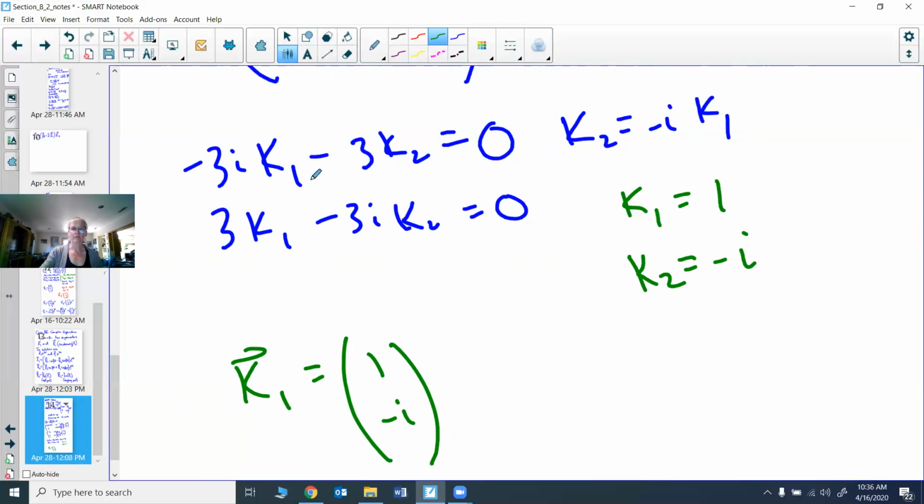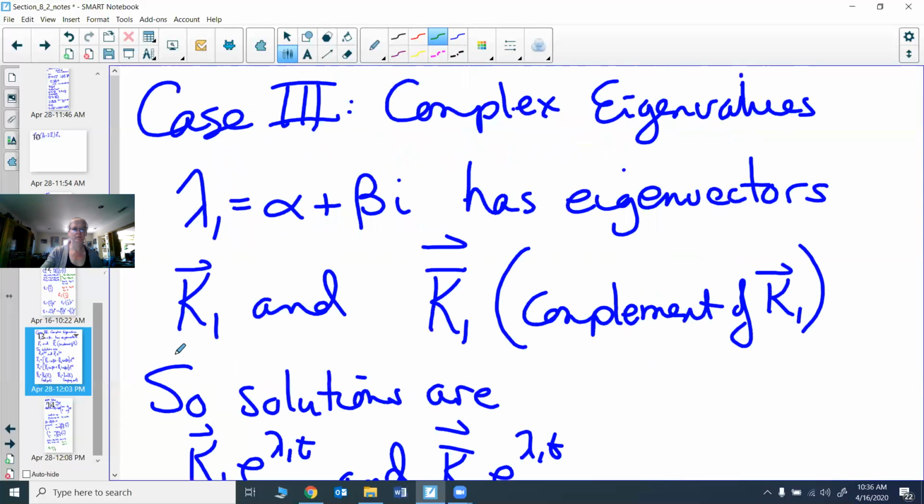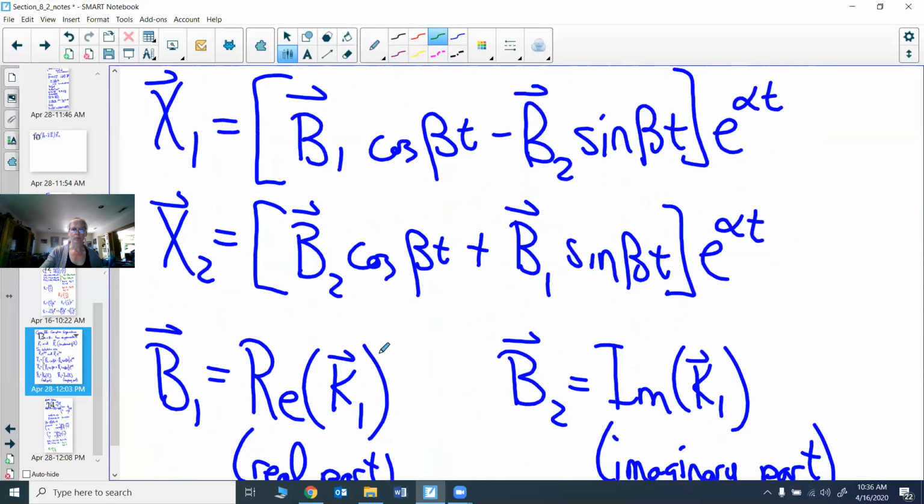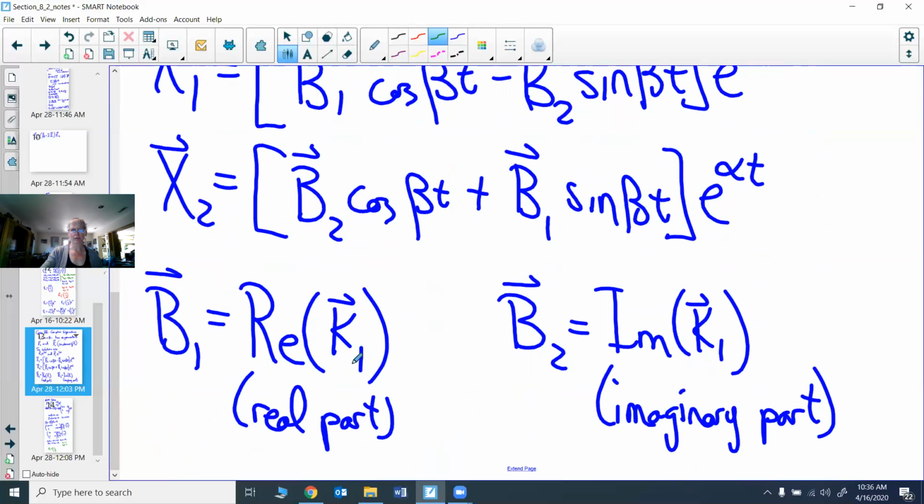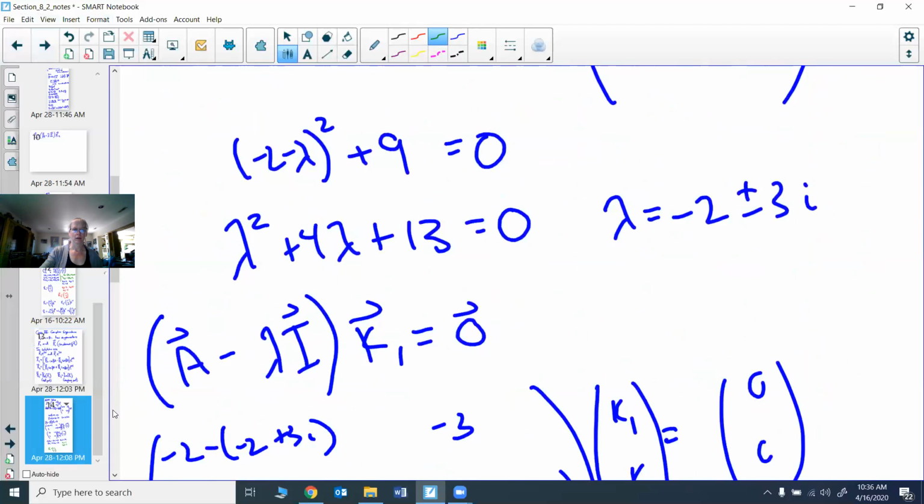I set up in the previous page that your B1 is the real part of K1 and your B2 is the imaginary part. So I think we need another page here.